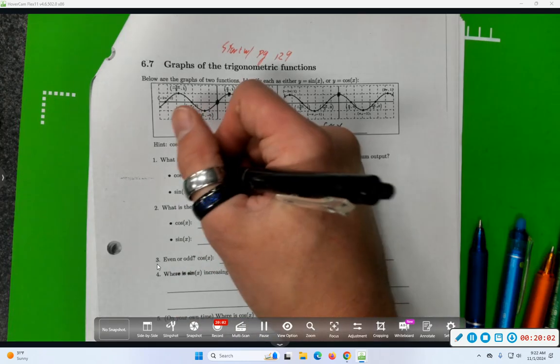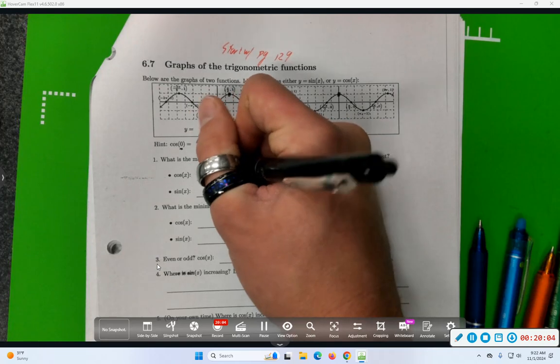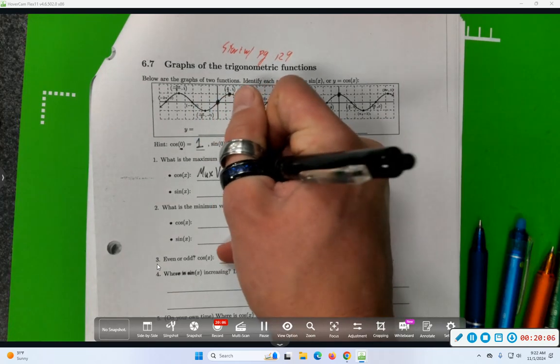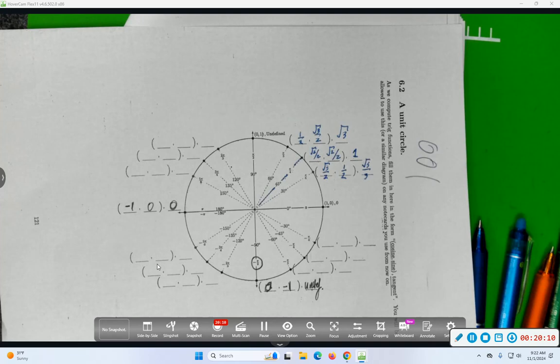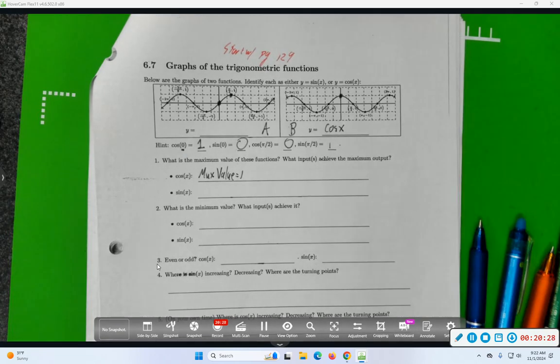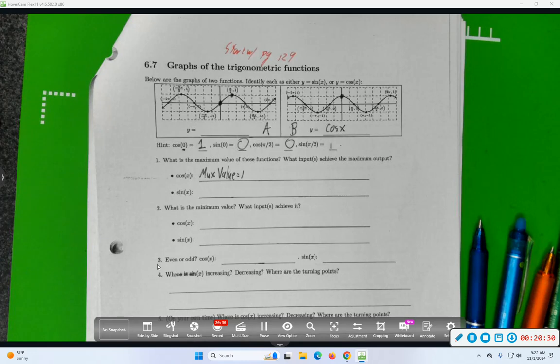And that also agrees with the unit circle. Cosine is the x value of a point on the unit circle. What's the biggest x value you see on the unit circle? 1. So it agrees, but you can absolutely just see it visually without thinking deep about what anything means by looking at a graph. What's the max value of sine? 1.